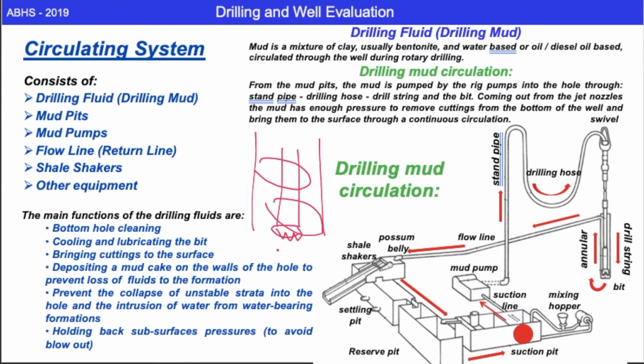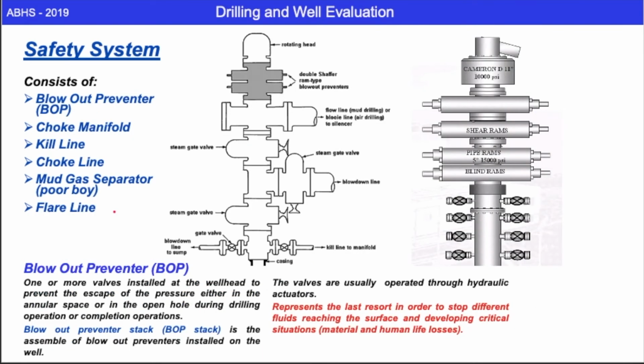It helps to deposit the mud cake on the walls to prevent fluid loss during the well drilling, to help prevent collapse of strata in case we have unstable strata in the subsurface due to the introduction of water and the puncture of the intrusion rocks, and also to help maintain the subsurface pressure and to avoid blowout.